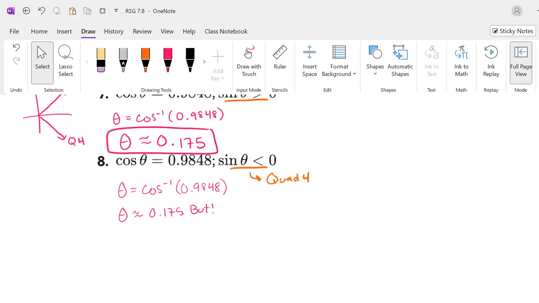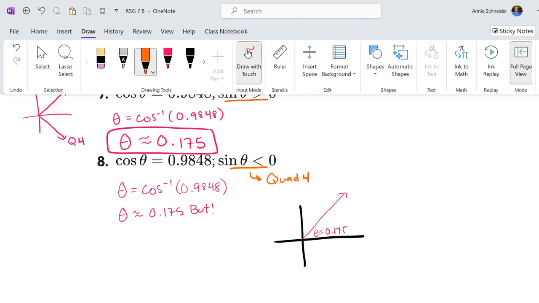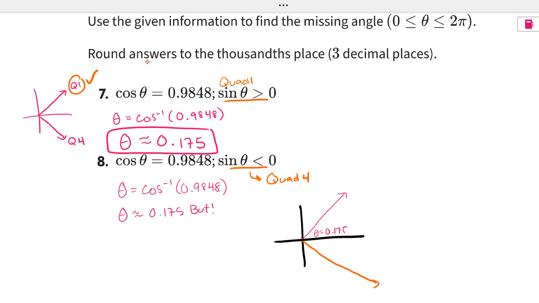So let's sort of draw this out. What we just got was this angle right here. We got theta is about 0.175. So what we want to find is this angle right here. We want this theta right there.